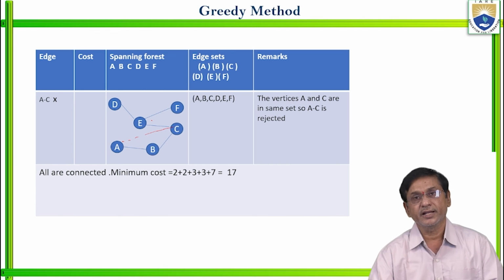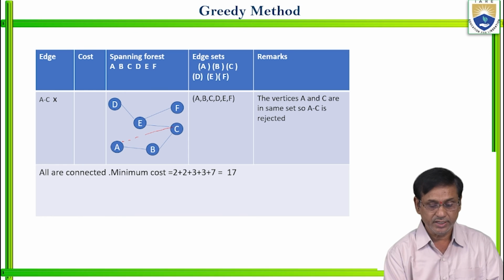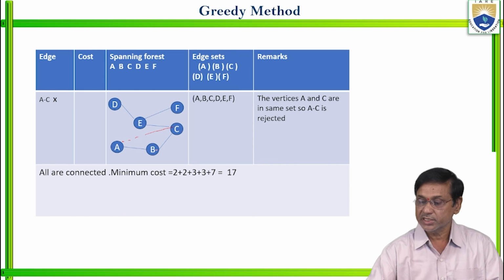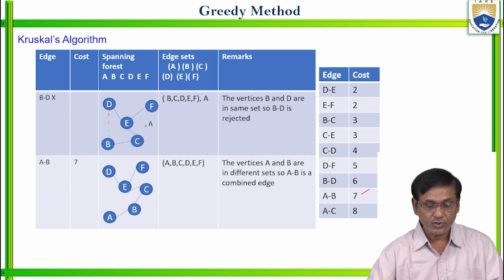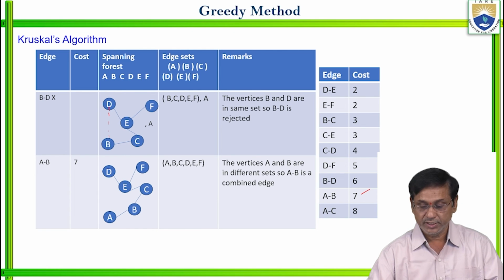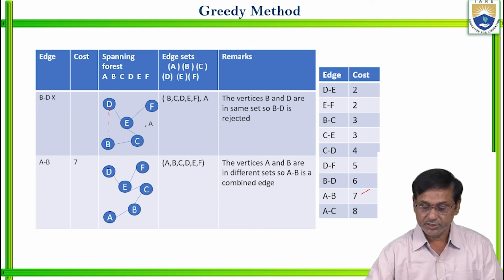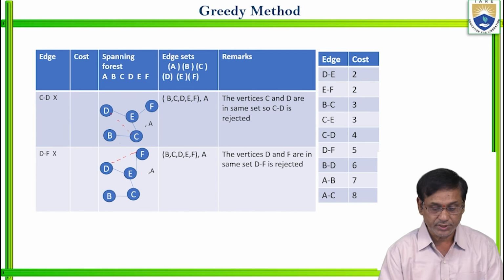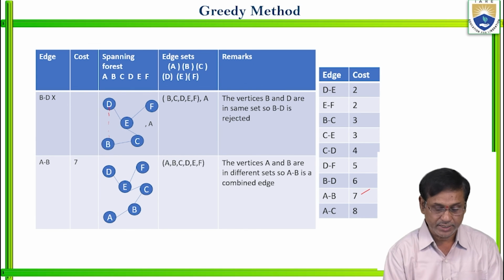All the vertices are connected, and the corresponding distance is as follows. AB is 7.